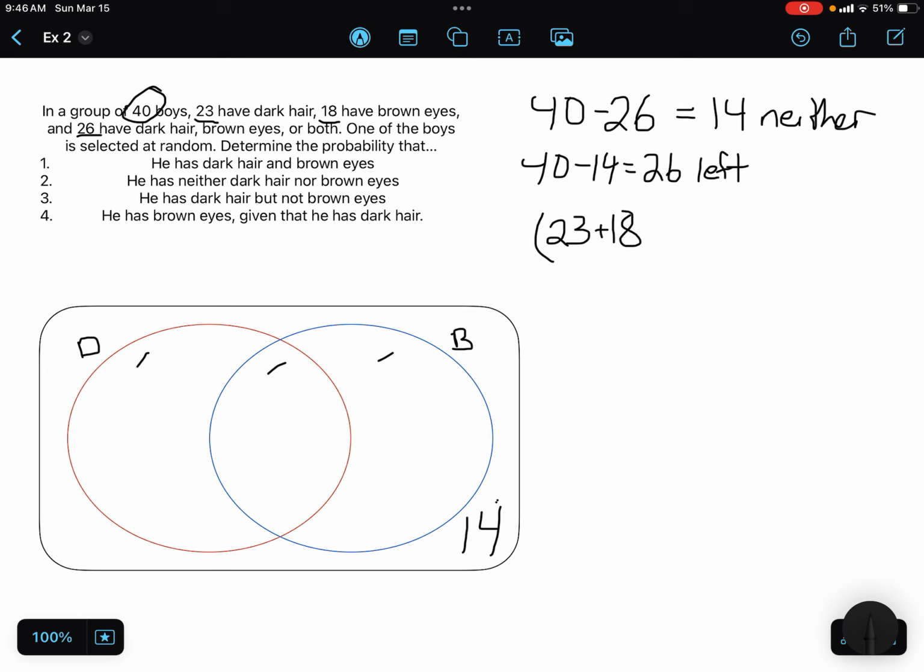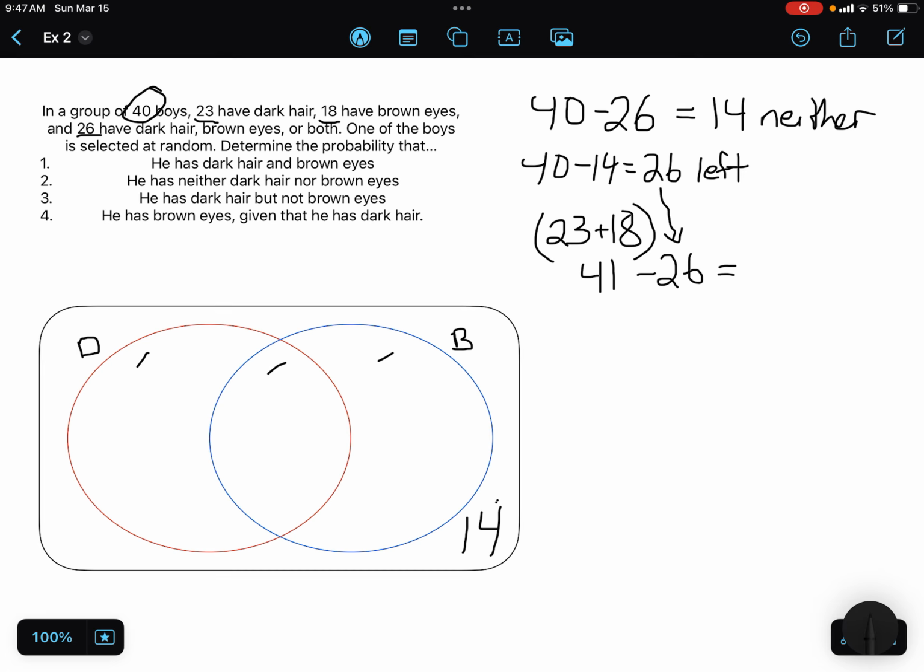So our 23 dark-haired kids and our 18 brown-eyed kids, which is 41 total. But then we're going to subtract out that 26, the 26 kids that we have left over.